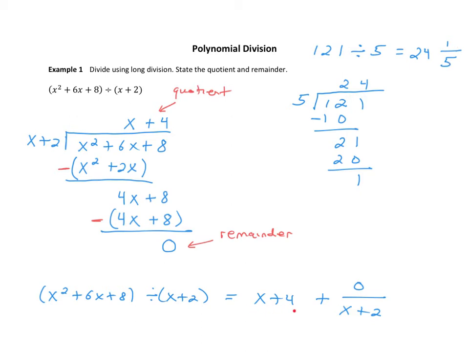So really you could just put your answer as x plus 4, but here I stated it so you can actually see the quotient, and so you can also see the remainder. So this is the process of polynomial division, or long division. It is analogous to what you do with whole numbers. So let's maybe try it in a couple of other examples.